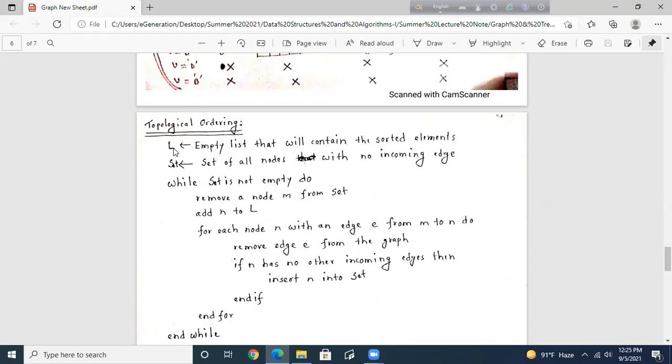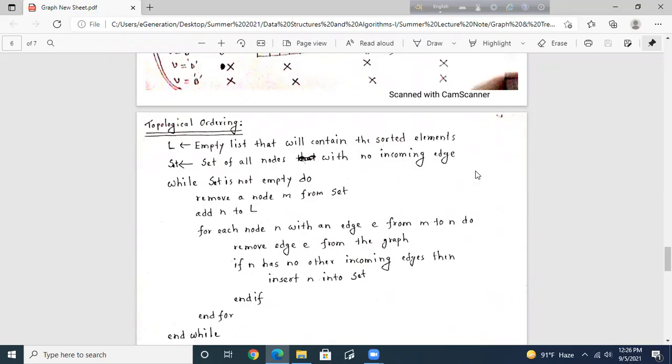So here L is the topological order, but initially L is empty. And set will contain all the nodes with no incoming edge. That means in the set you have to write some vertices or nodes, but remember that those nodes should not have any incoming edge.